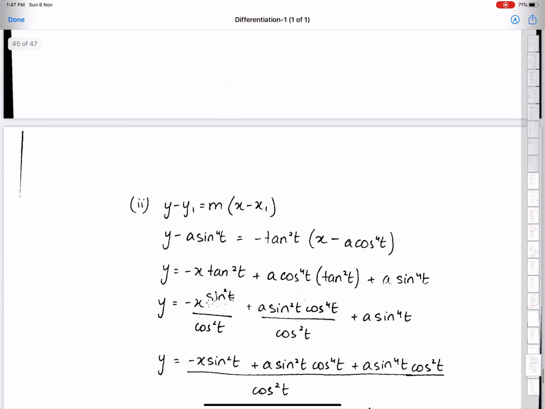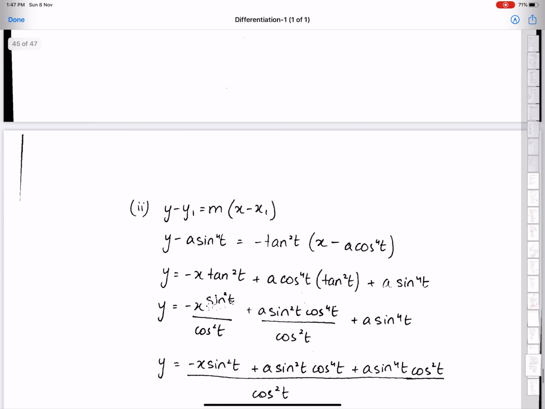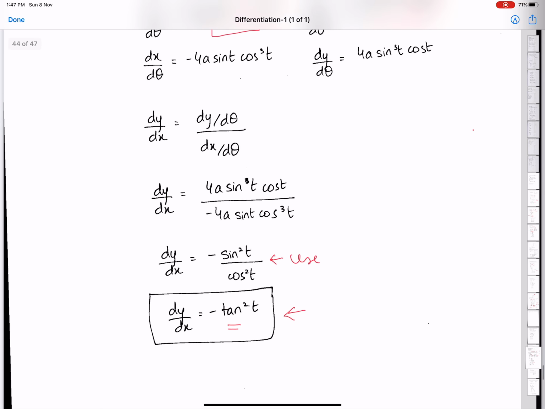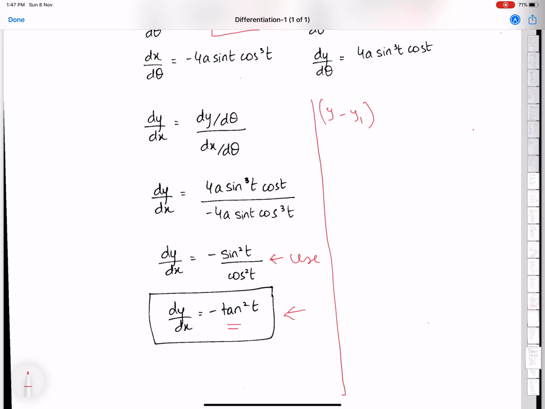So for the equation of the tangent, let me solve that part here. It was y minus y1 equals dy upon dx times x minus x1.